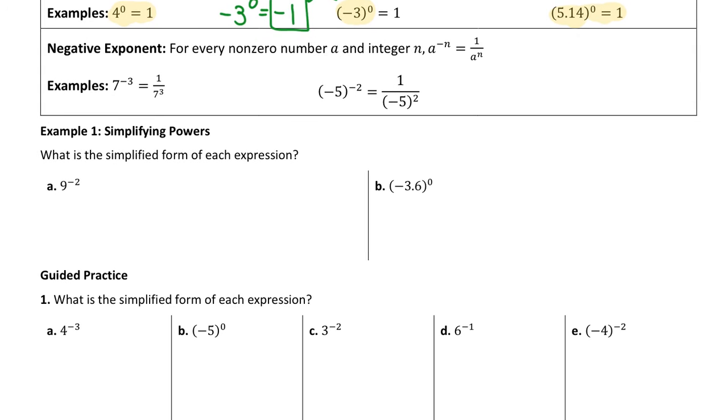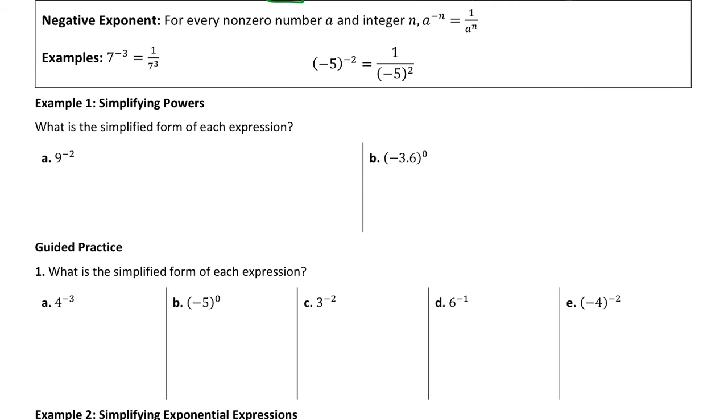The harder property to work with is using a negative exponent. This states that for every non-zero number a and an integer power n, a to the negative n power is 1 over a to the n. To explain this, if you see something raised to a negative power, that means you write it as the reciprocal. An example of that, 7 to the negative third power, the reciprocal would be 1 over 7 to the positive third power.